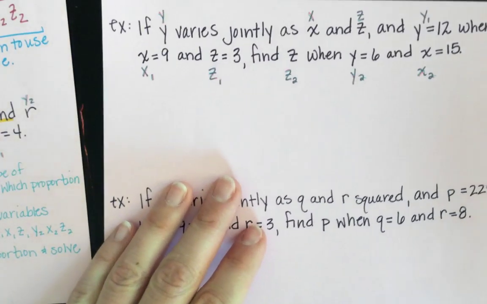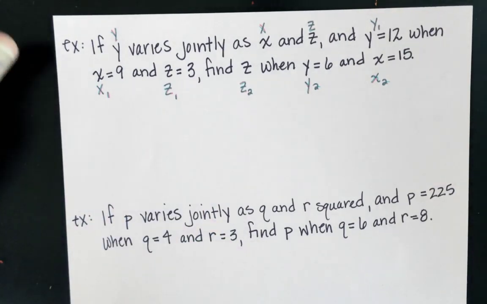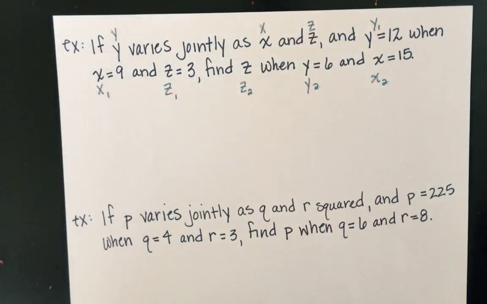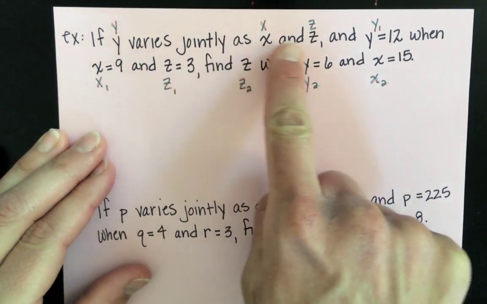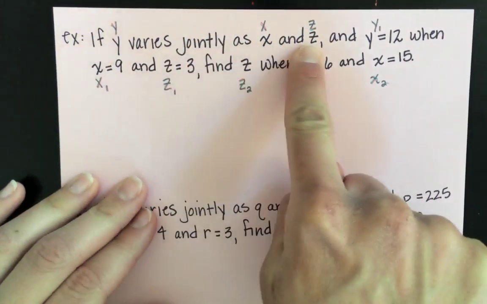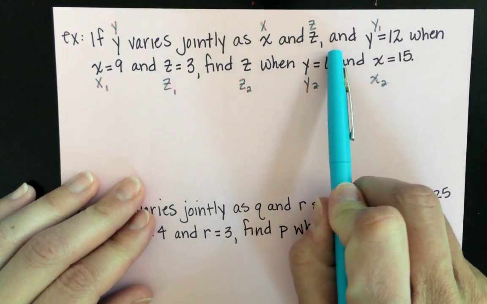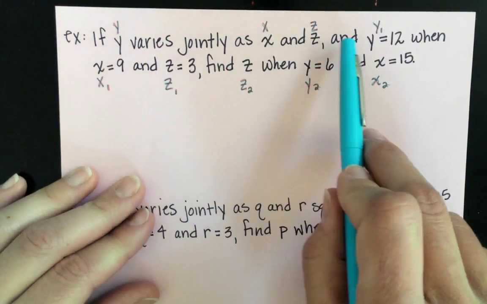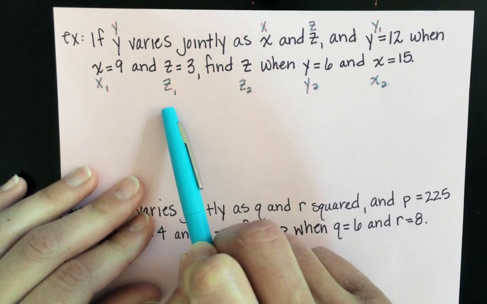our next example. Again, I have already set up the y's, the x's, and the z's, and this time it follows just like our formula. And so I don't even have to look for another if, because it's still a part of the hypothesis. We have our y1, x1, and z1.